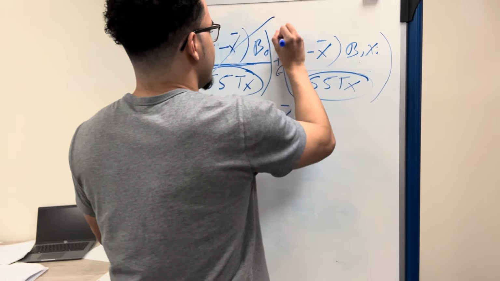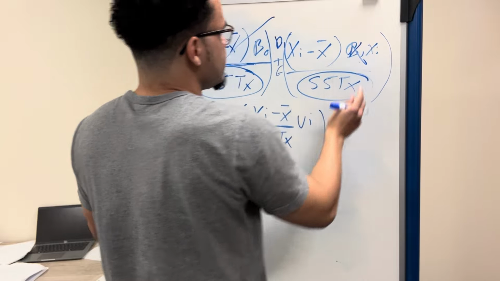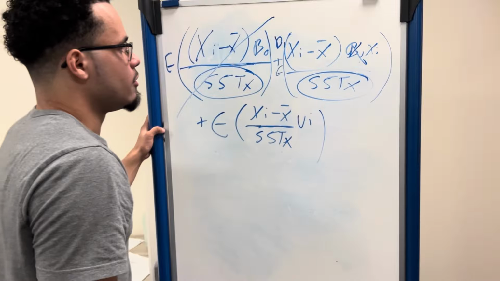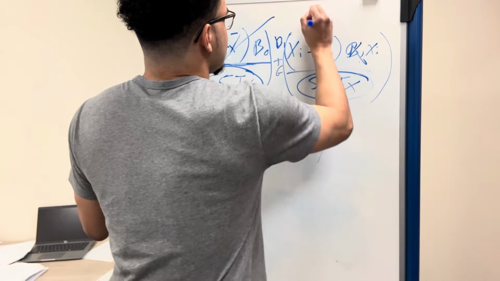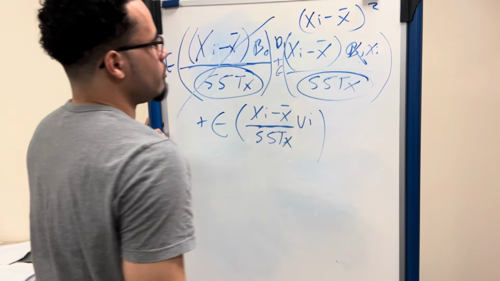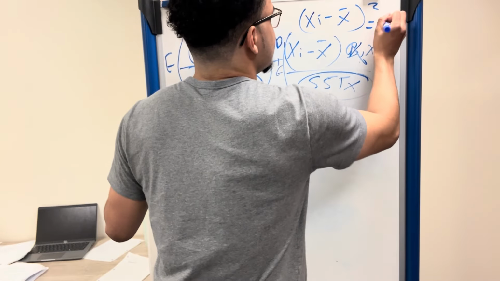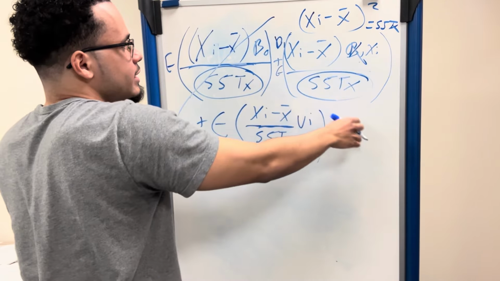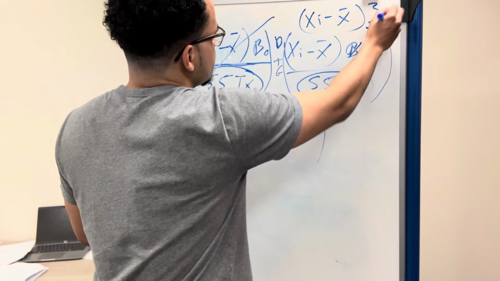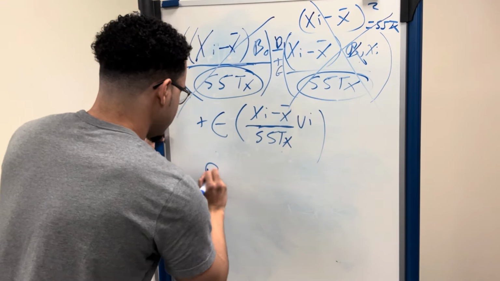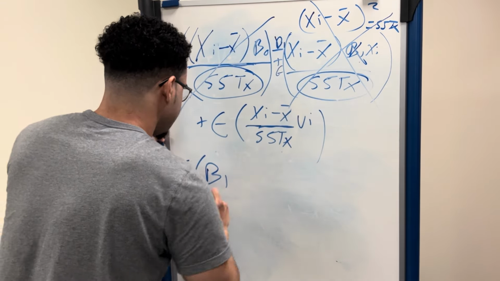So let's move the beta 1 over here and cross this out, and then we're just left with xi minus x bar times xi, which is just xi minus x bar squared, which is just SST of x. So we have SST of x over SST of x, which is 1. This whole part cancels out, and you're just left with beta 1, so let's write the beta 1 over here.